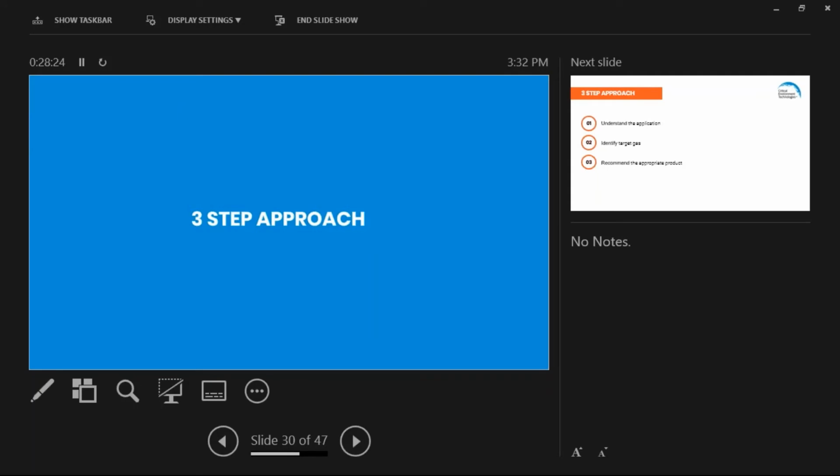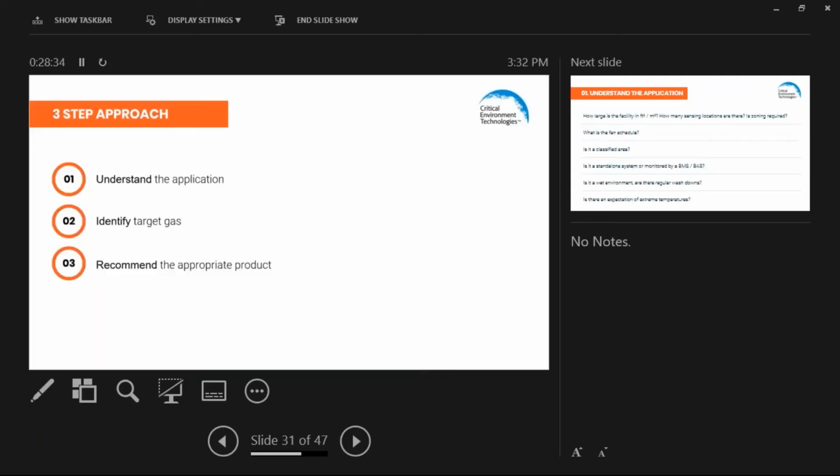We advocate a three-step approach to designing a gas detection system. If and when we are contacted to look at an envelope in regards to gas detection, we want to understand the application.